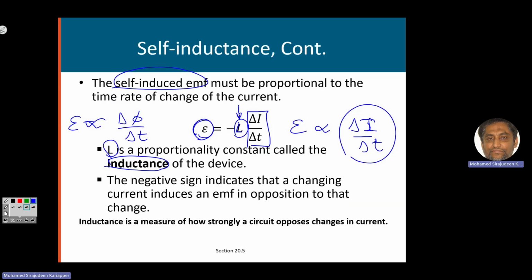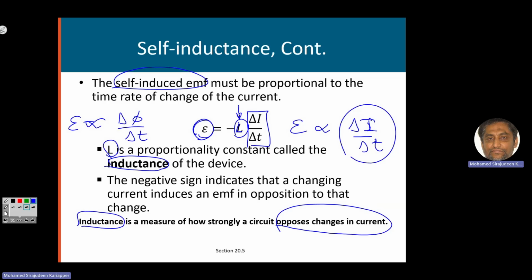The negative sign indicates that a changing current induces EMF in opposition to the change. So we can say the inductance, I have bolded it, is a measure of how strongly a circuit opposes the changes in the current. Not about opposing the current.